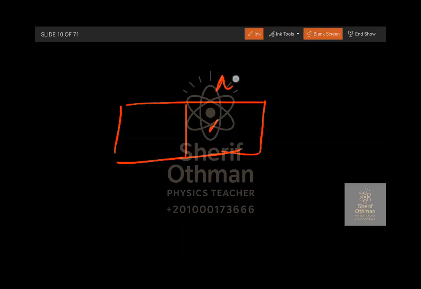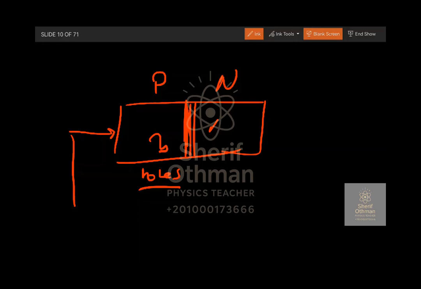Here is N, and here is P, and here is the depletion layer. So now I'm going to connect and supply the electrons from the P side. In this case, P has a lot of holes and P is hungry for electrons, so it will keep all the electrons to close and overcome the number of holes.